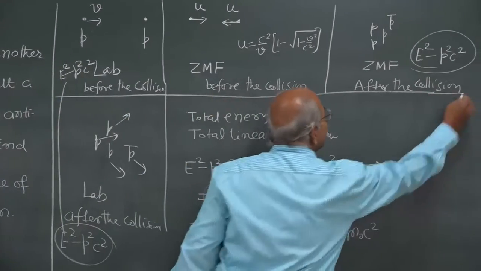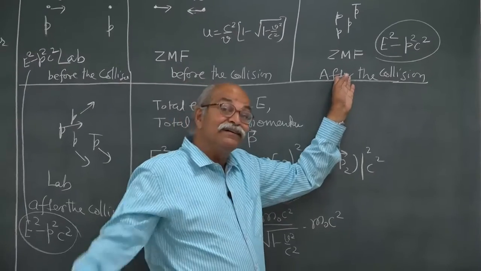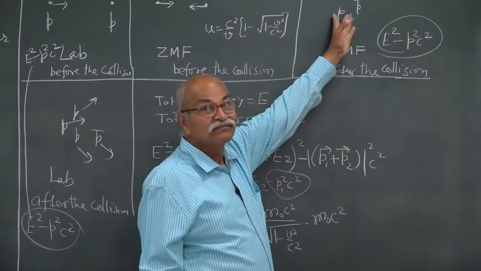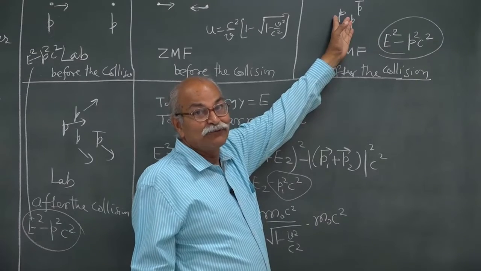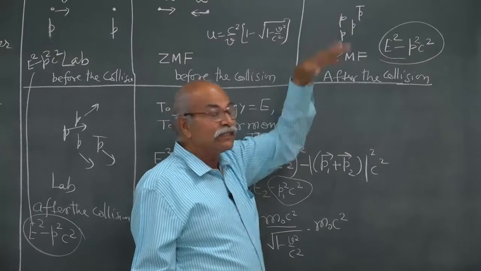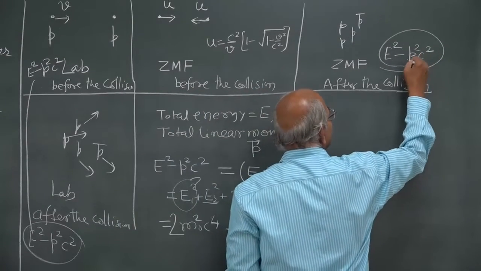And if I look at this here after the collision in the zero momentum frame, they are all at rest. So, the total energy is 4 times m naught C square, and hence for the total energy square minus P square C square, P is 0.